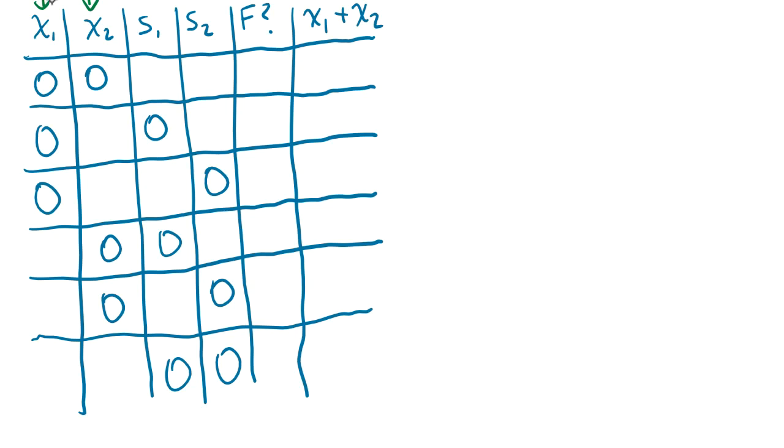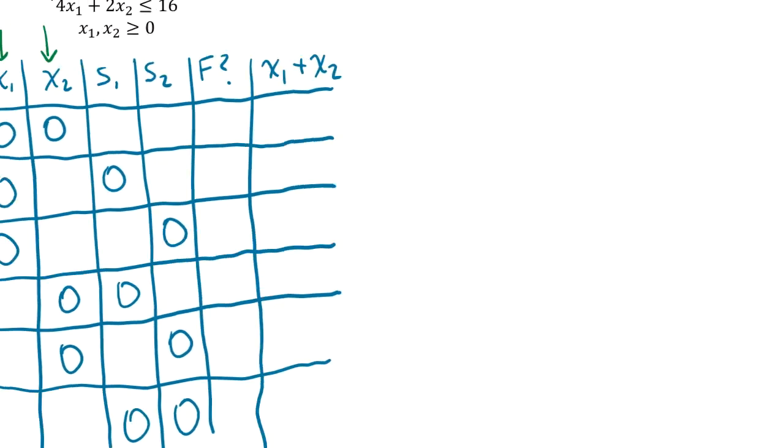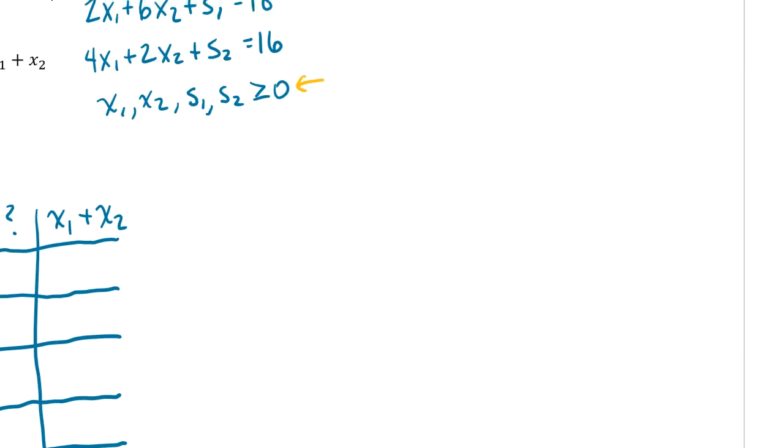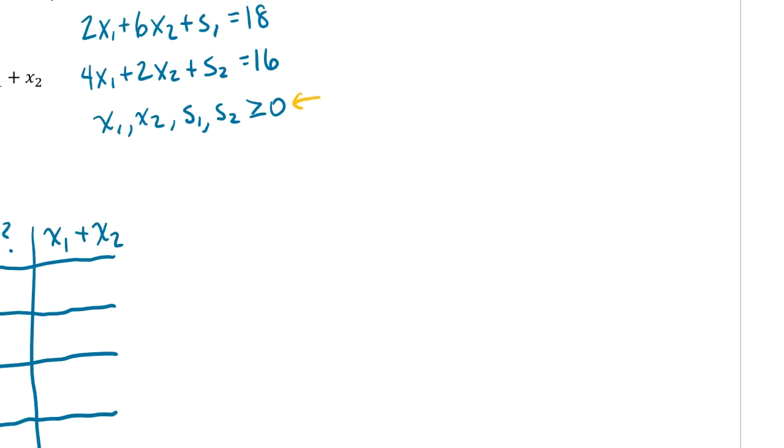We're going to do x1 and x2 first. So if we're doing x1 and x2, then we're going to have 2 times 0 plus 6 times 0 plus s1 equals 18.